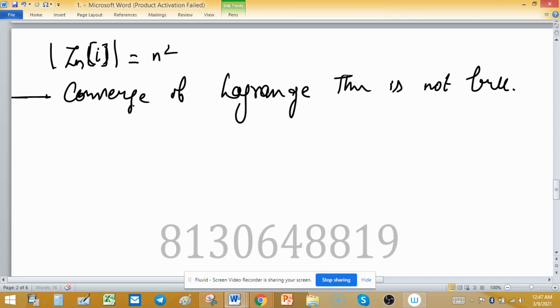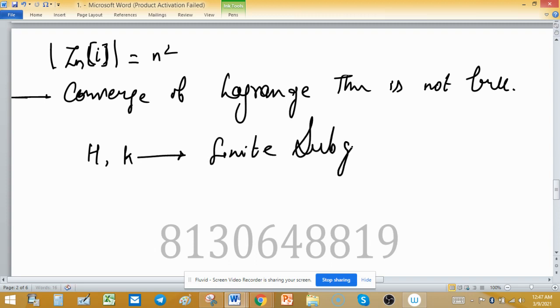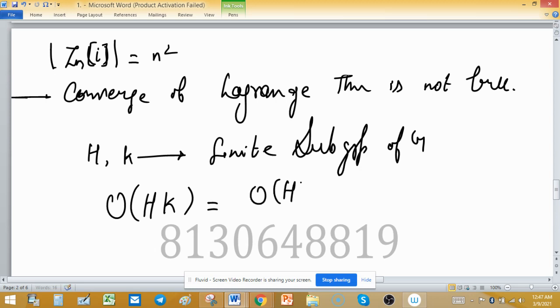If H and K are finite subgroups of G, then the order of HK will be equal to the order of H into the order of K divided by the order of the intersection.